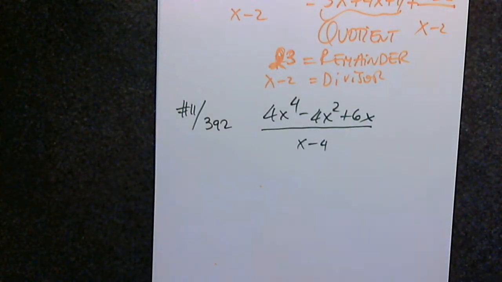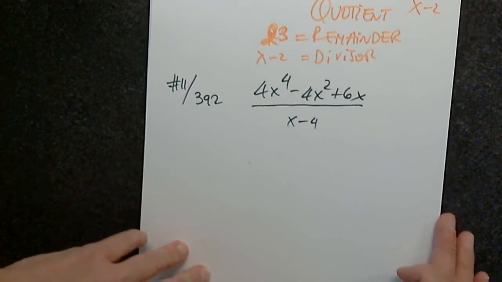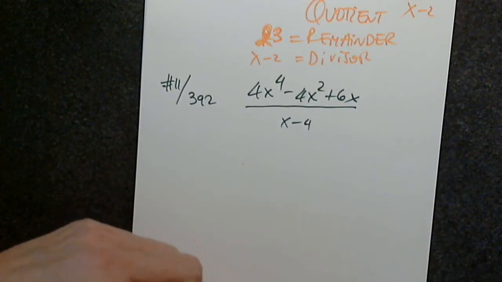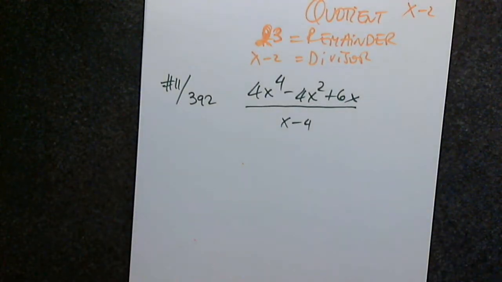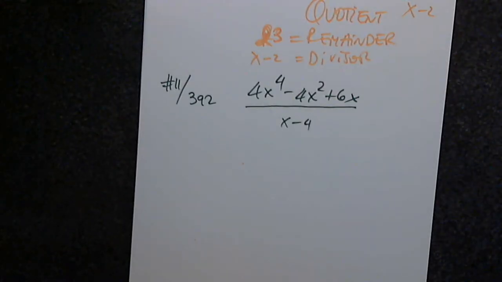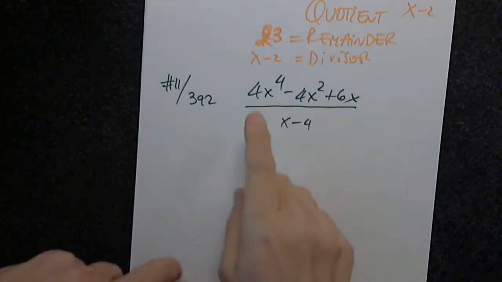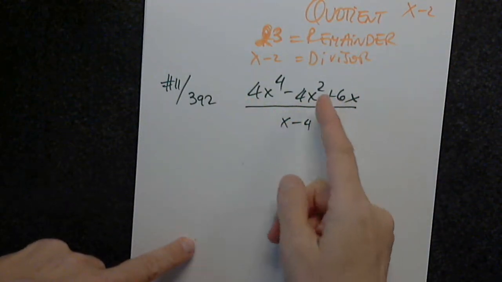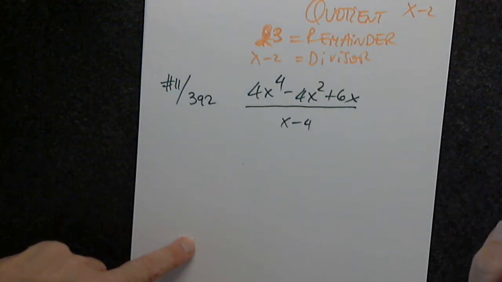Descending order, both of them? Yes. Any missing term from the top? Yes. Degree what at the top? How many terms do I have to see for the full polynomial? Degree 4, degree 3 is missing, degree 2, degree 1, and degree 0.